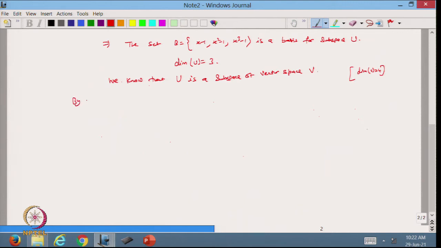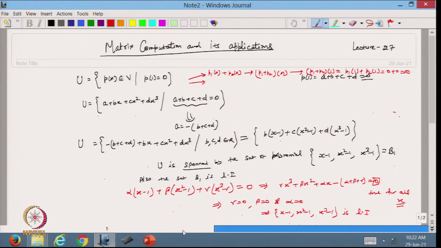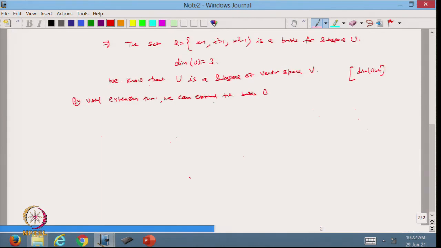So by using the extension theorem, we can extend the basis, which I have called B1, to a basis for V. For V the standard basis we already know, but this can also be extended.